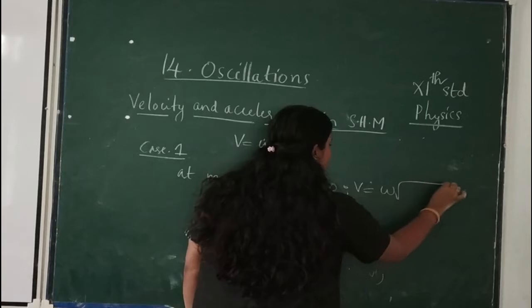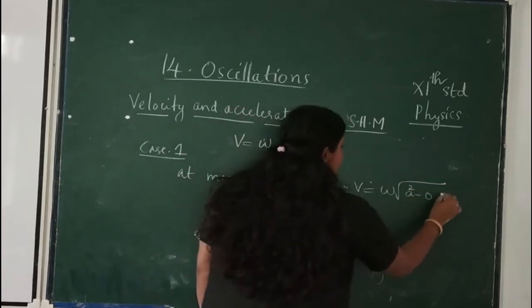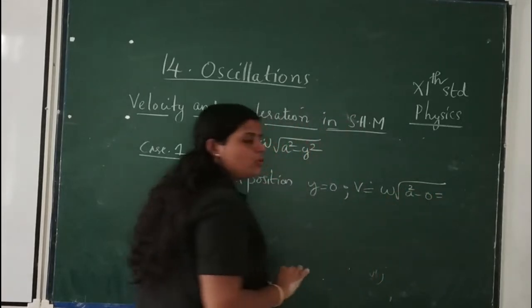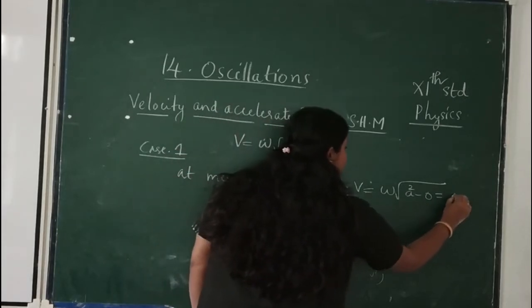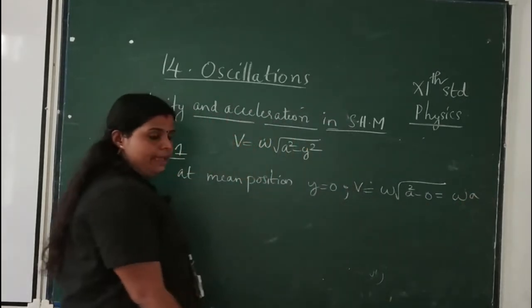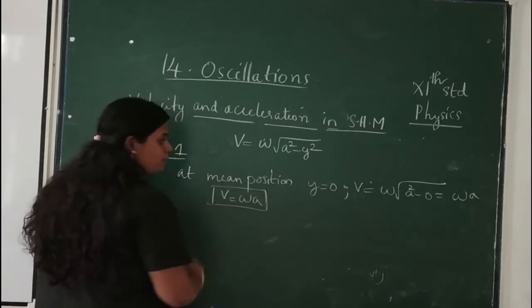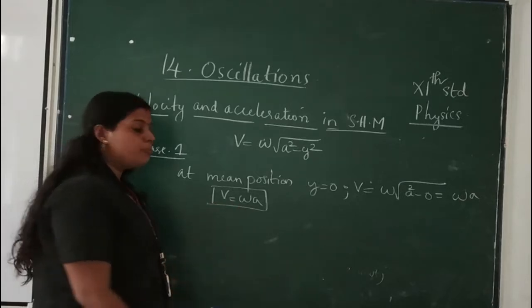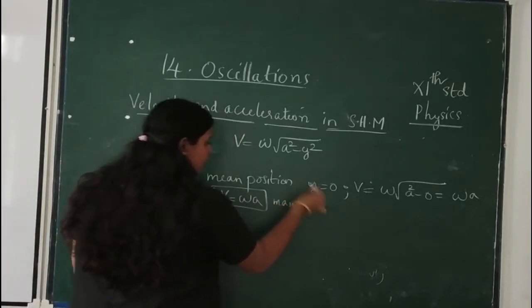So v equal to omega into root of a square minus 0. So the answer is v equal to omega into root of a square. What is root of a square? Root of a square is a. So the result will be omega a. So v is equal to omega a at the mean position. Clear? If the particle is at the mean position, what will the velocity be? Omega a, and it is the maximum velocity.